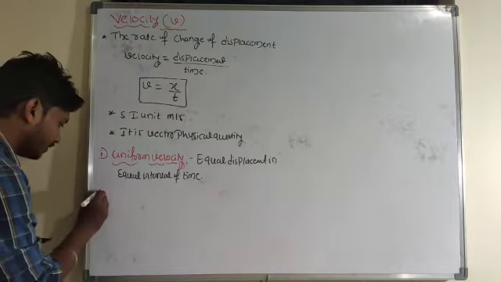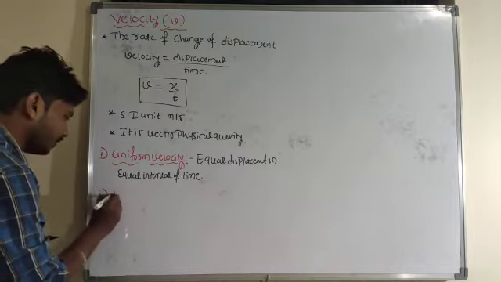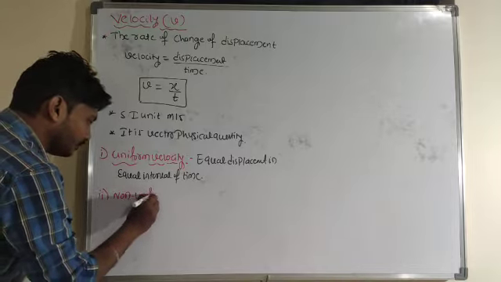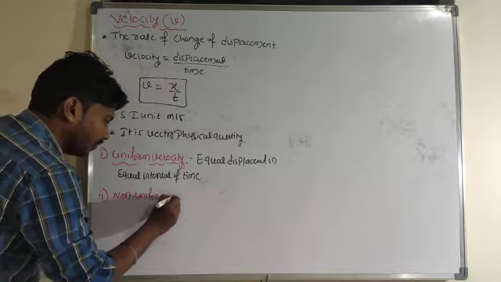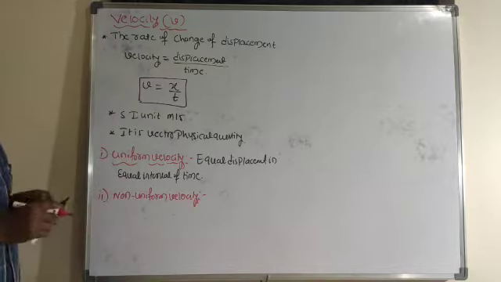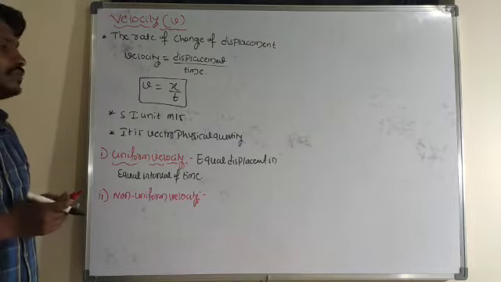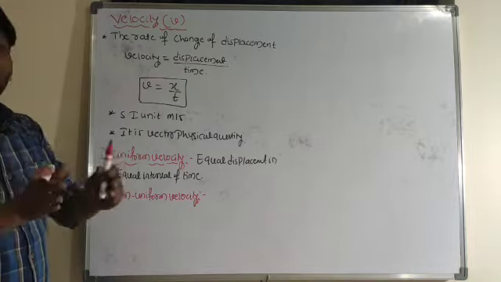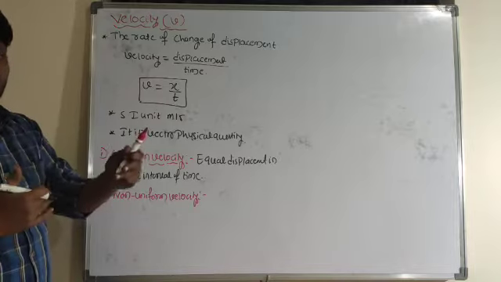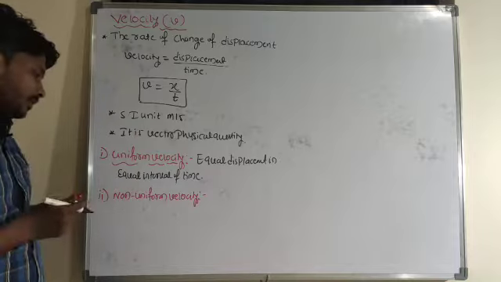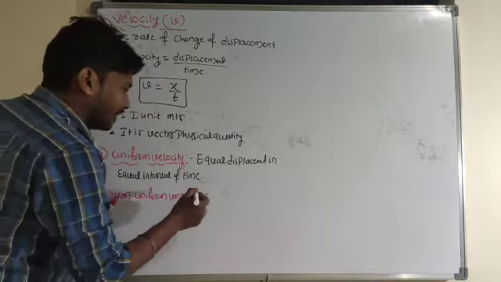And next one is non-uniform velocity. So what is non-uniform velocity? In case of non-uniform velocity, we can consider equal displacement in unequal intervals of time, or unequal displacement in equal intervals of time; both give the meaning of non-uniform velocity here.